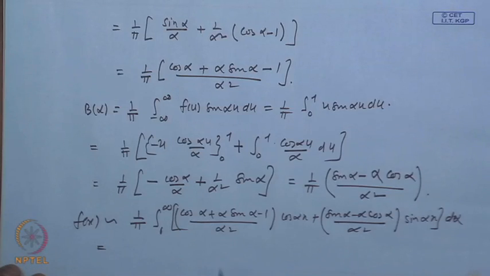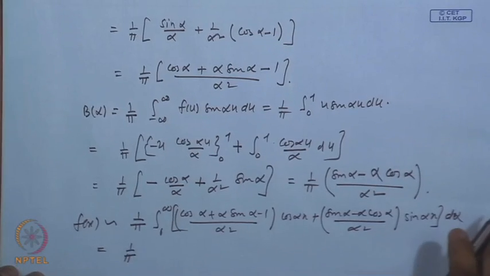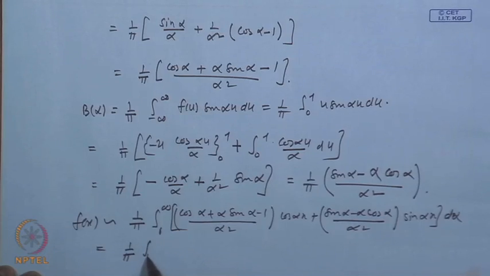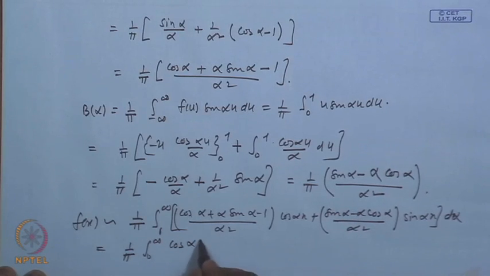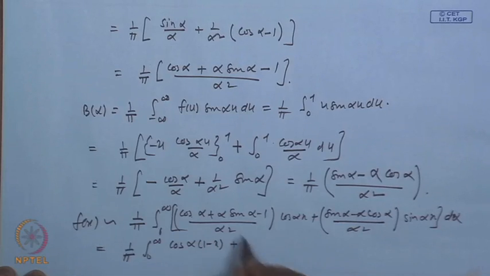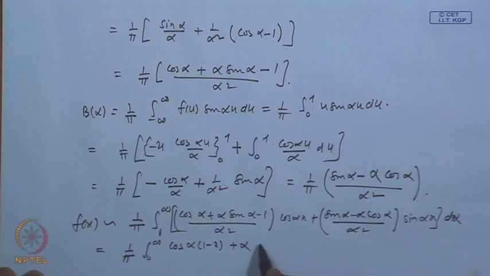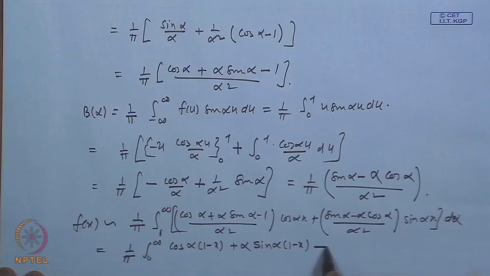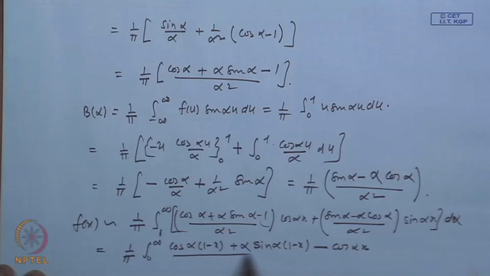So, we can combine this again, 1 over pi, integral 0 to infinity, and this cos alpha x plus sin alpha x will give us cos alpha (1 minus x), and plus this alpha we take common, then we have sin alpha cos alpha x, and cos alpha sin alpha x will give us sin alpha (1 minus x), and then this minus cos alpha x, divided by alpha square, d alpha.